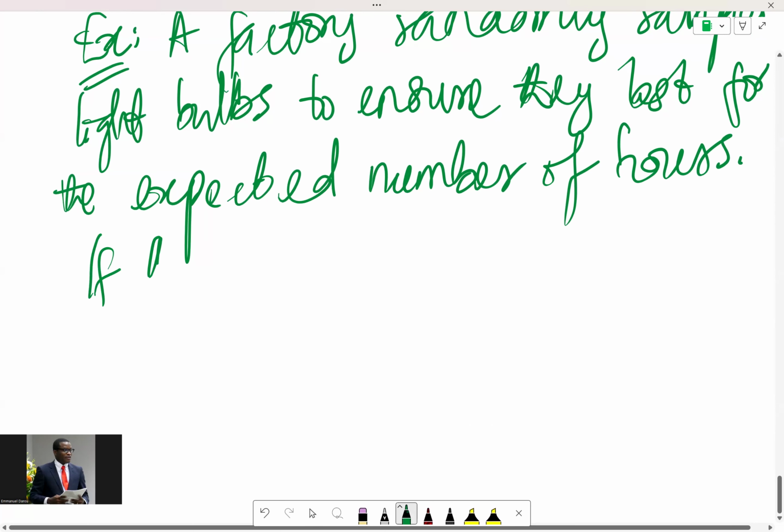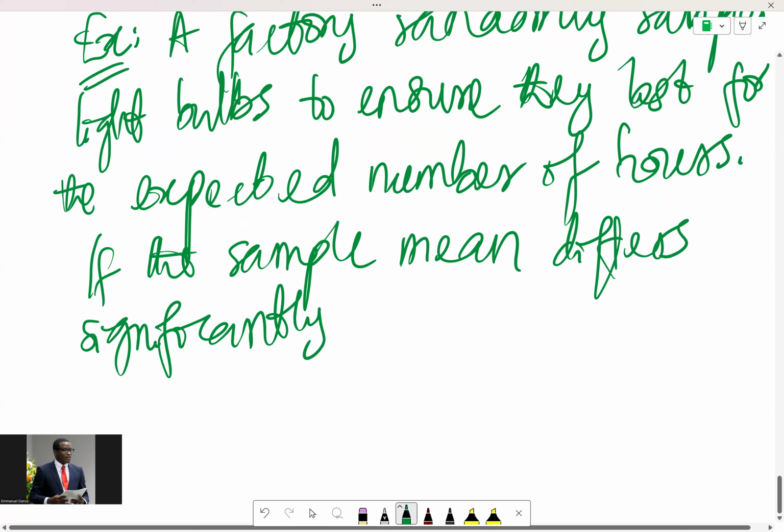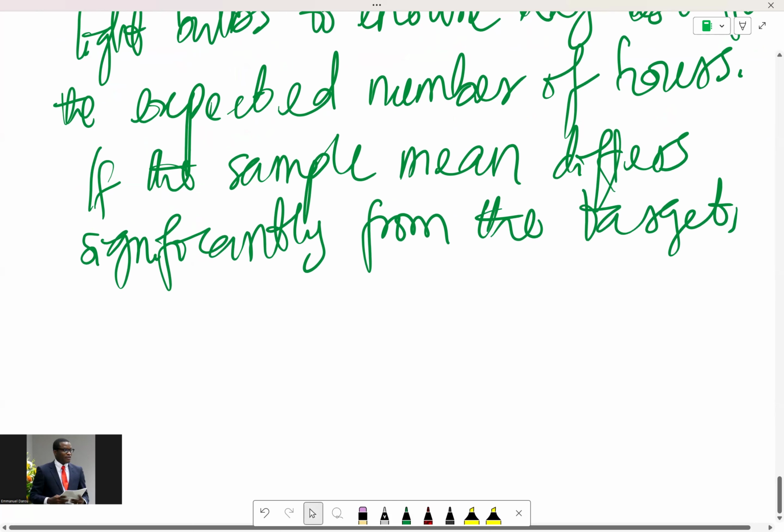So if the sample mean differs significantly from the target, it could signal production issues.